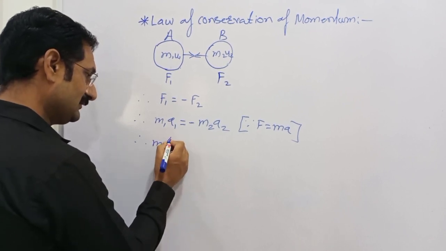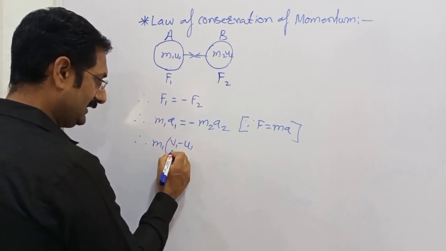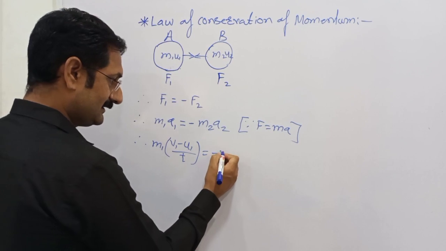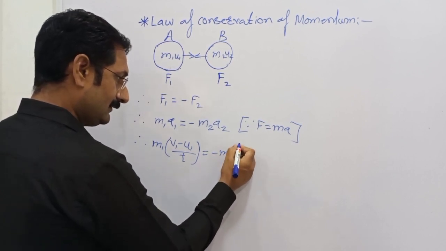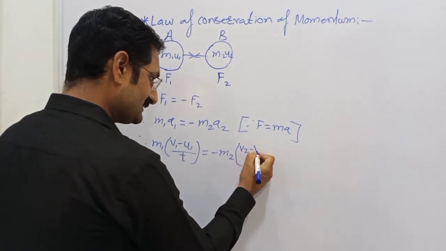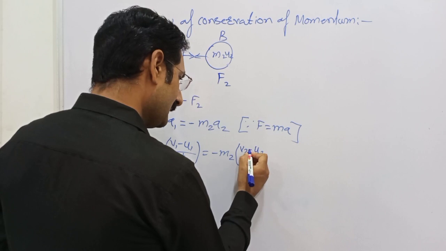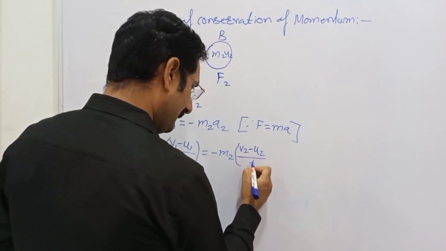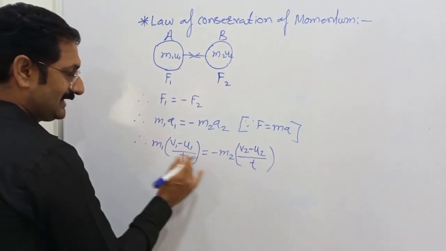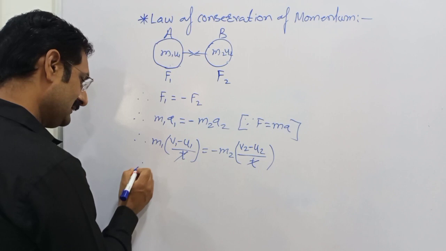So a1 is equal to (v1 minus u1) upon t. Similarly, minus m2 a2 is equal to minus m2 times (v2 minus u2) upon t. Now both sides have the denominator t, so t gets cancelled.